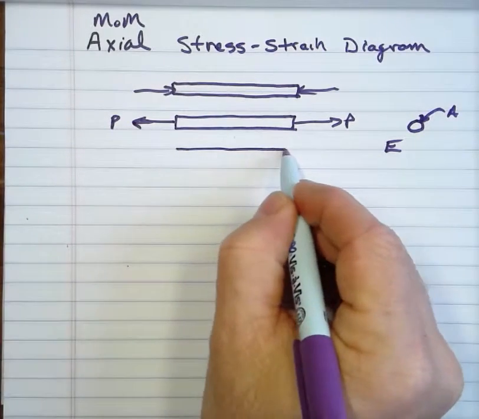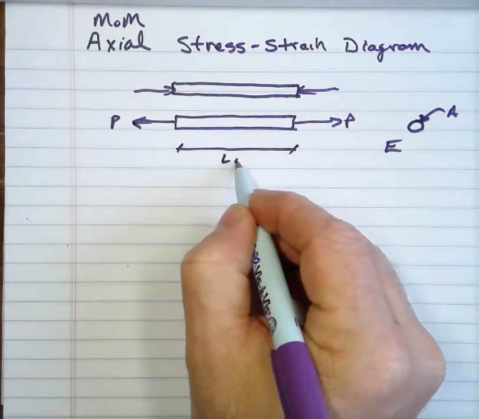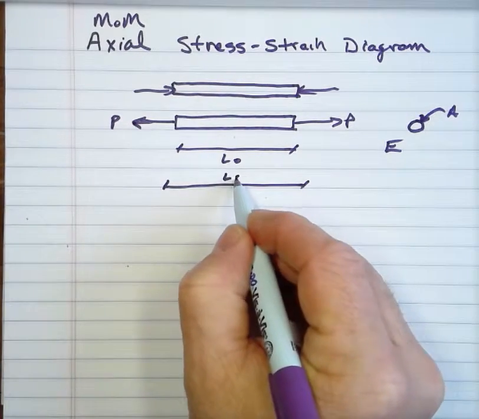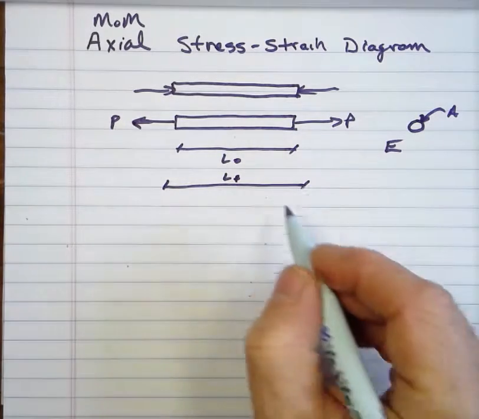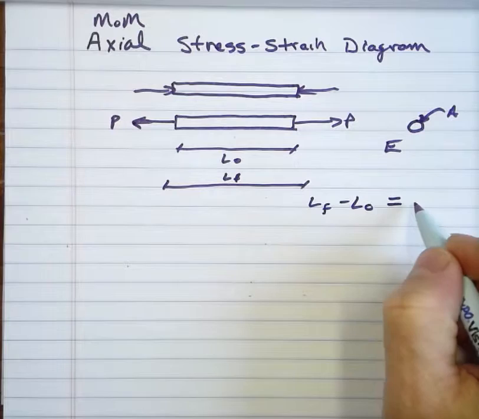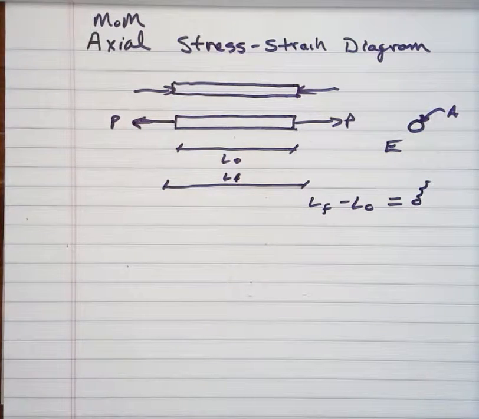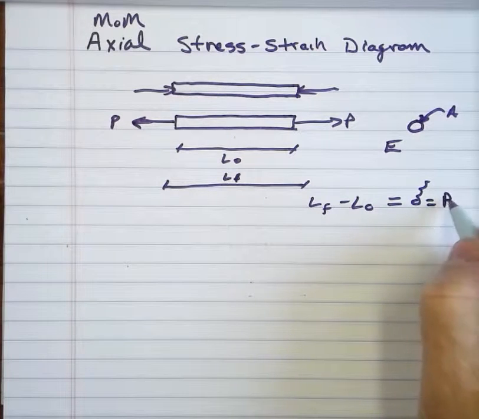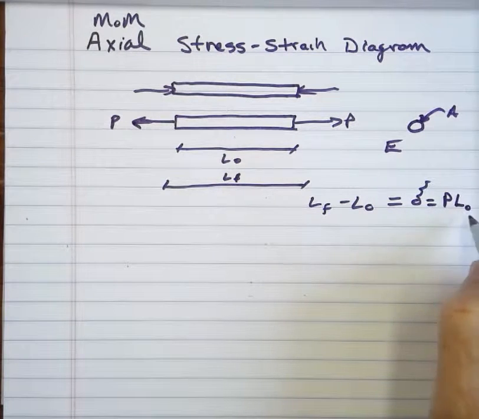And it started with some original length, ended up at some final length, where the difference between the original length and the final length is delta. And we can actually calculate delta if we know P and L and A and E.